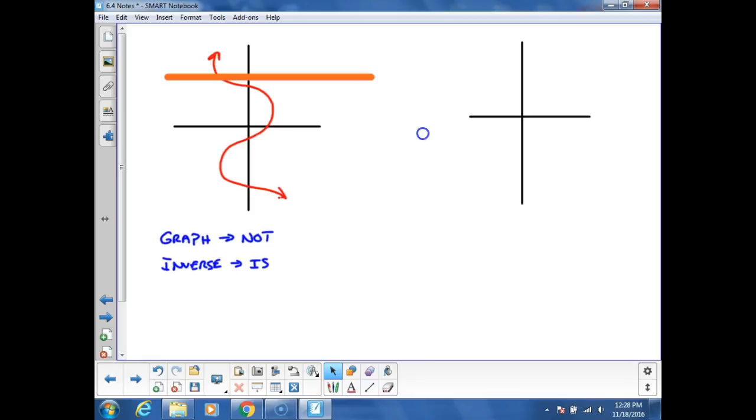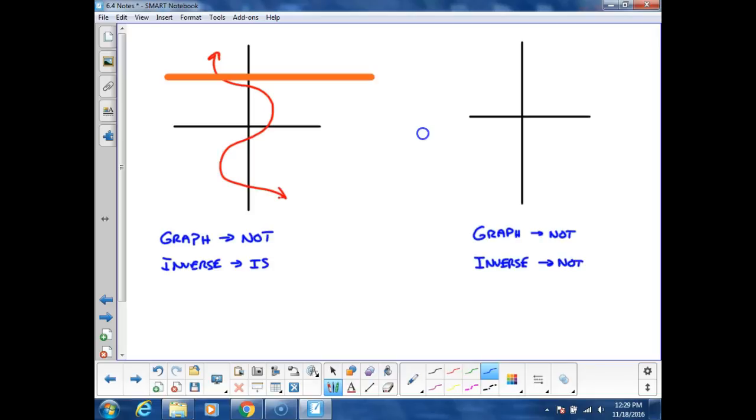Okay. Now, come up with one where the graph is not a function and the inverse is not a function. Okay? Go.